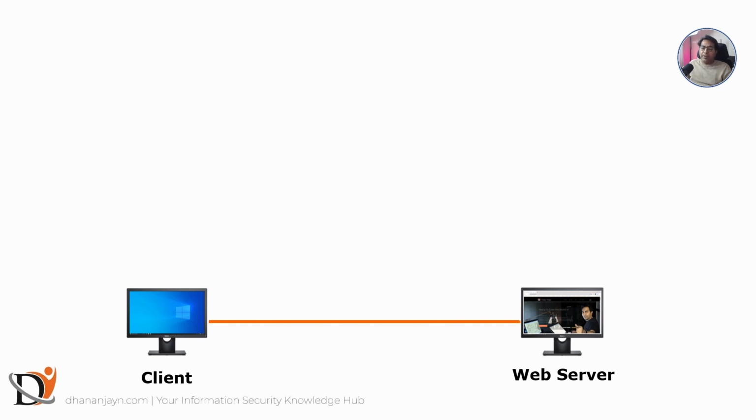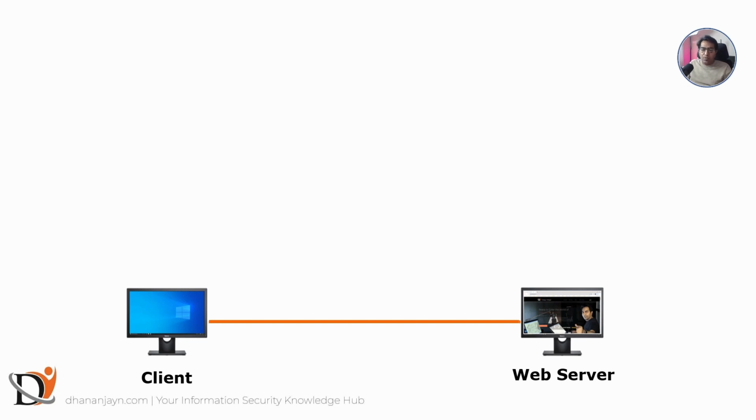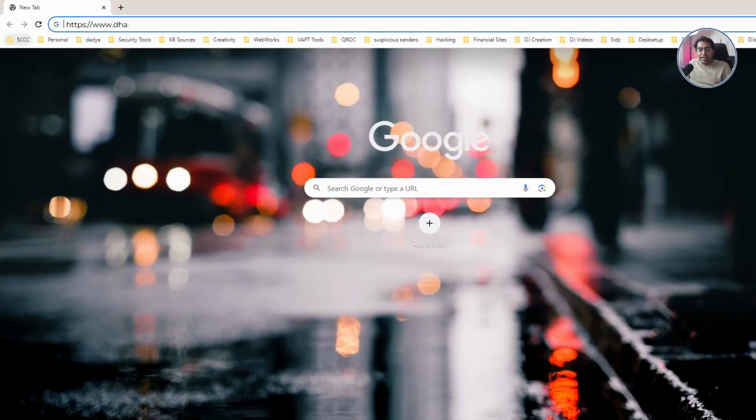When you enter the URL and hit enter, the request will go to the web server, and the web server will receive your request on port 443, as the request was sent for the HTTPS service. Let me quickly go back again and show you. I'm trying to access the website using HTTPS.